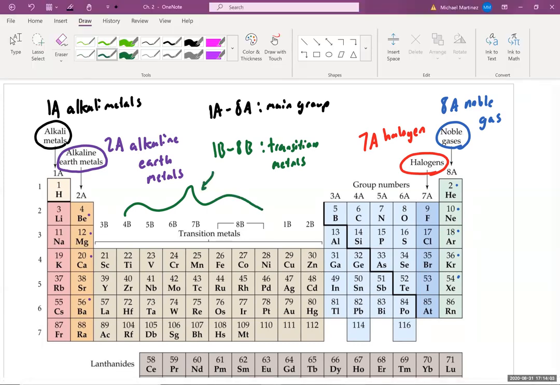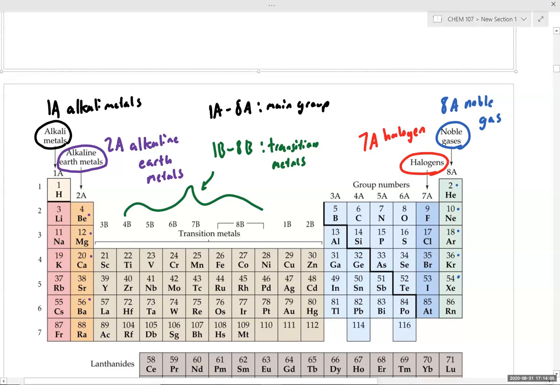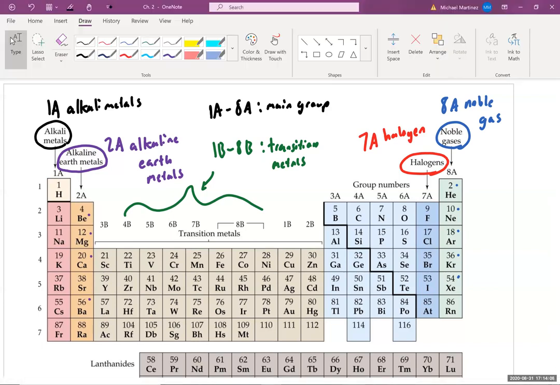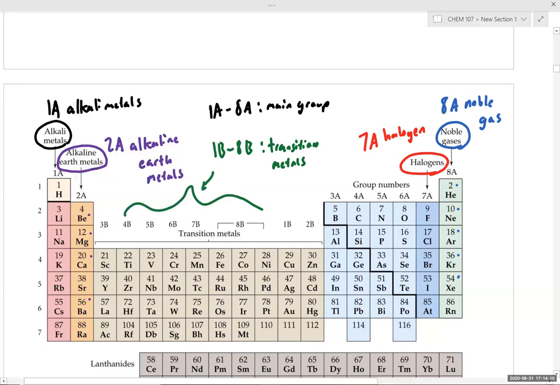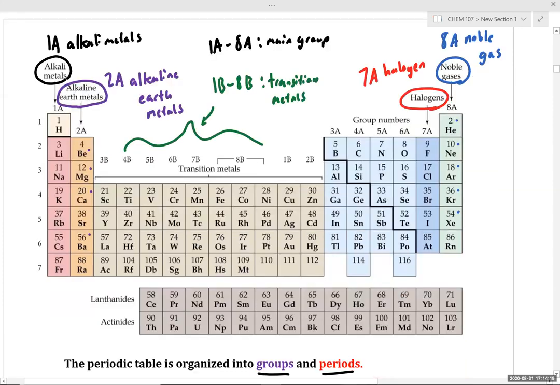Okay. So these are the major groups of the periodic table, which are essentially major sets of elements that have unique properties and reactivity. Elements in the same group have the same properties and similar reactivity.